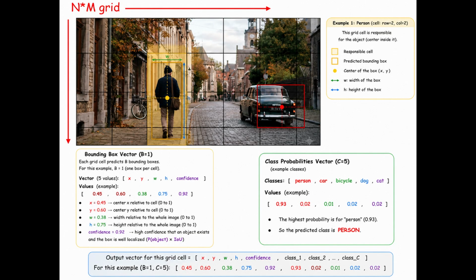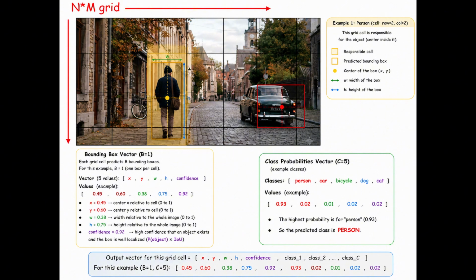As an example, let's look at the output vector for this grid cell. Since the center of the pedestrian falls inside this cell, it is responsible for detecting the object. The first 4 values, x, y, w, and h, define the location and size of the predicted bounding box. The next value is the confidence score, which is very high in this example, indicating that the network is highly confident about this prediction.